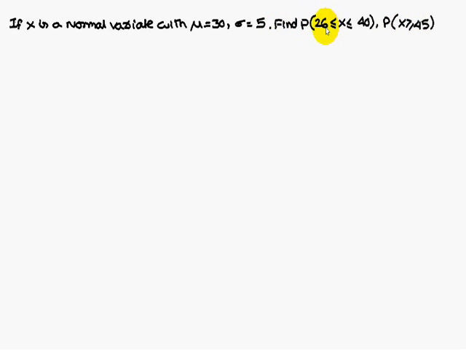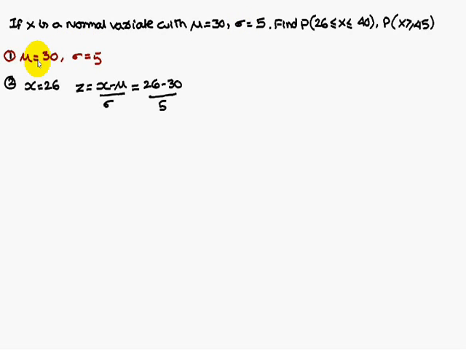So let us consider marks lies between 26 and 40 and marks greater than or equal to 45, if the mean is 30 marks and the standard deviation is 5 marks.